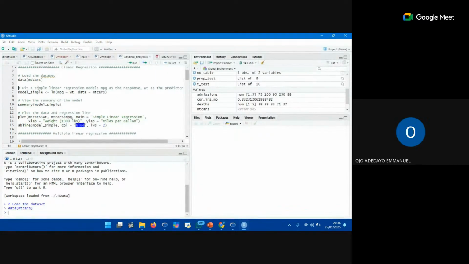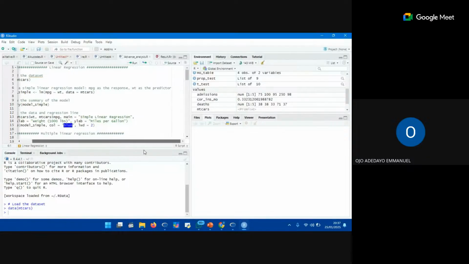Now, fit simple linear regression. I want to fit the miles per gallon, the MPG, as the response. That means MPG is my outcome, my dependent variable. And then the weight of the car, WT, is my predictor variable.